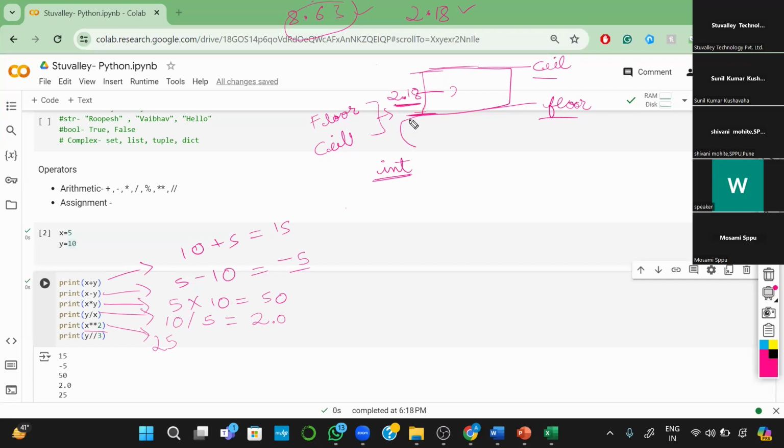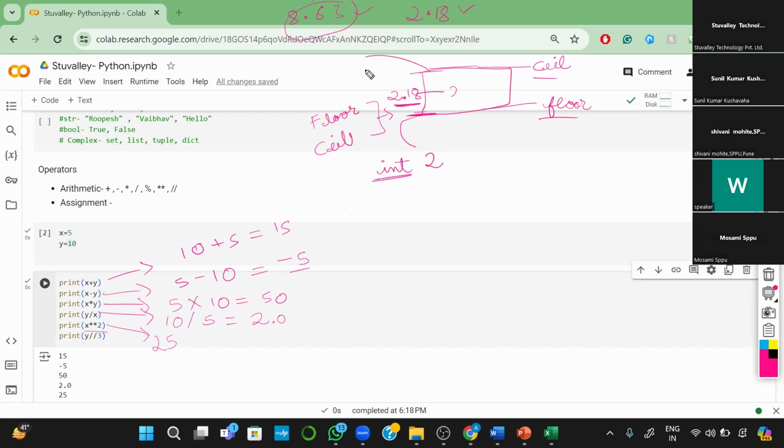So what is the integer value that is just smaller than this number, 2.18? Guys, in the chat, what is the nearest integer value that is just smaller than this? 2, exactly. So the floor will be 2.